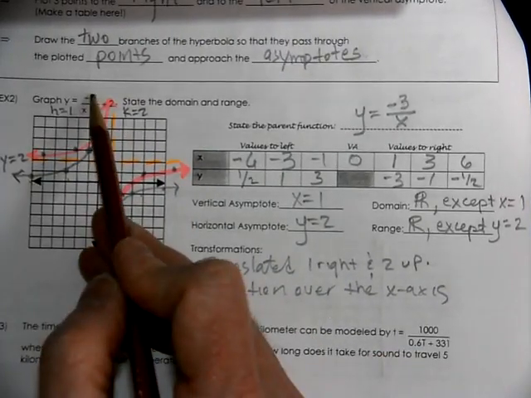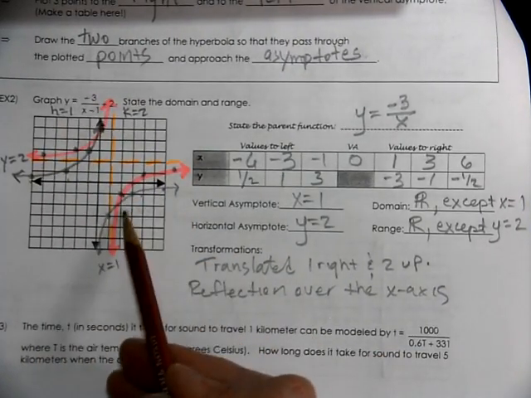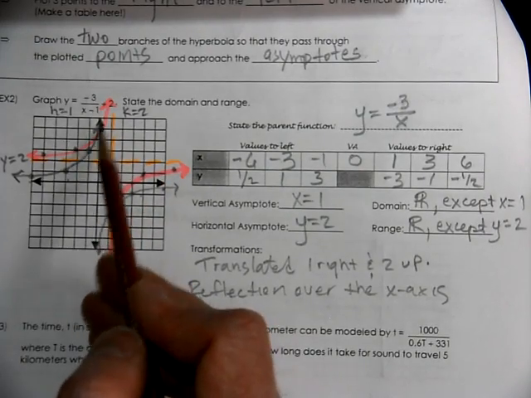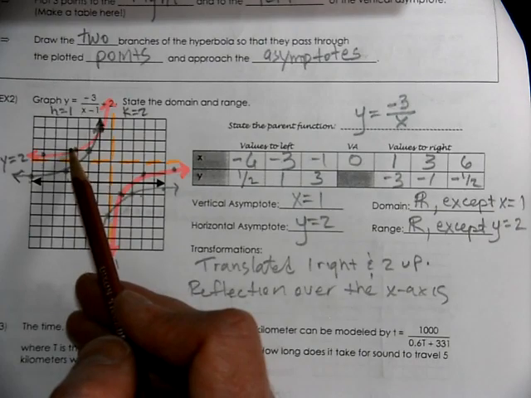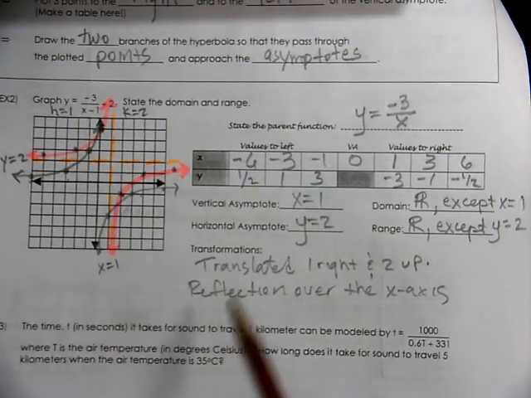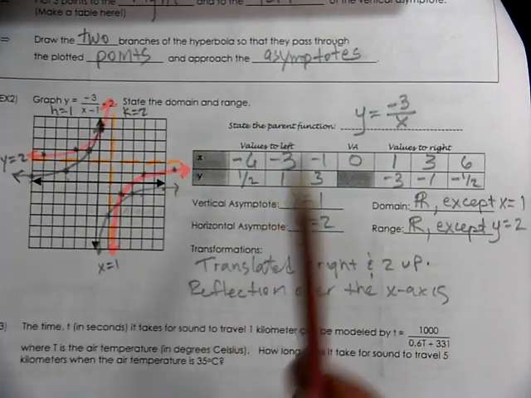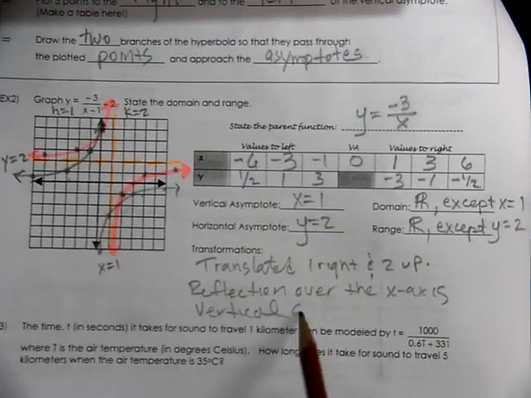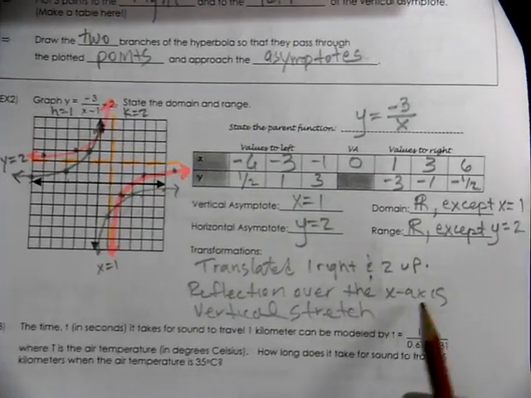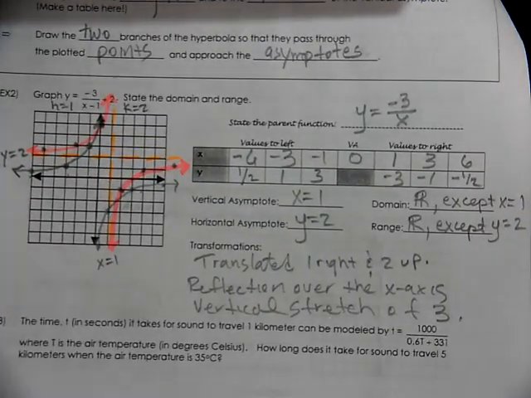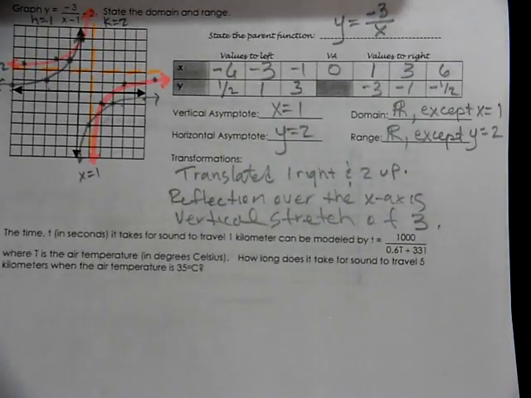That's what the negative did. That's why this branch is in the lower right-hand corner, and the left branch is in the upper left-hand corner. And we also had a vertical stretch of 3. So that gives us all our transformation information.